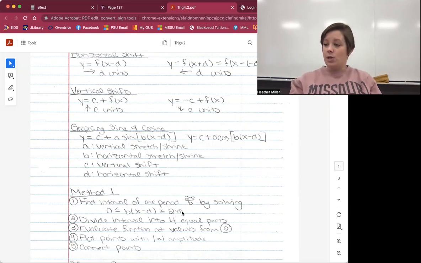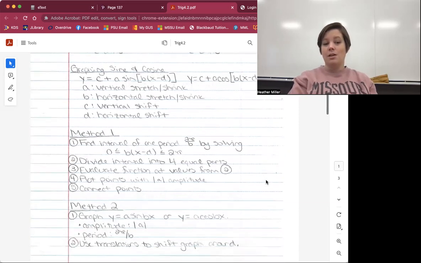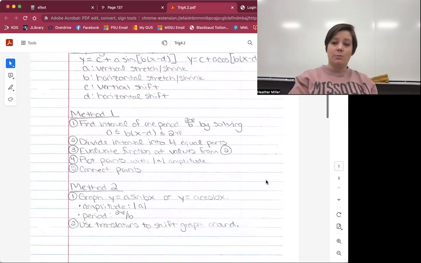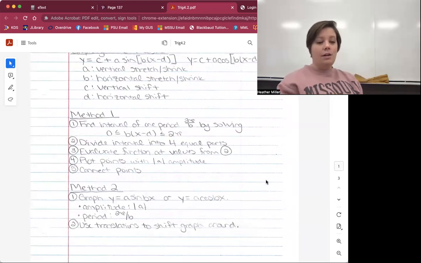I used method 1. We're going to do 4 examples today, and I used method 1 on the last 2 examples. And I'm using method 2 on the first 2 examples, because if your function is relatively simple in terms of what translations are happening, method 2 is actually a little bit easier, I think.